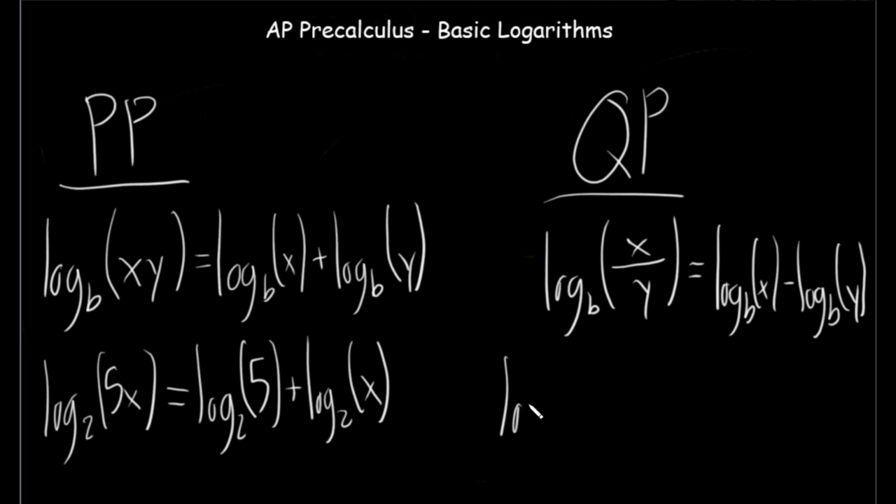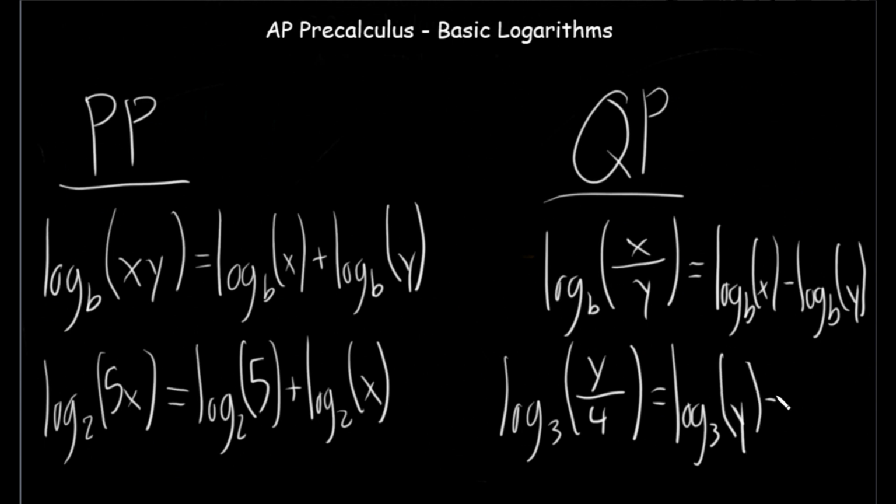So an example of this would be log base 3 of y over 4, which comes from log base 3 of y minus log base 3 of 4.